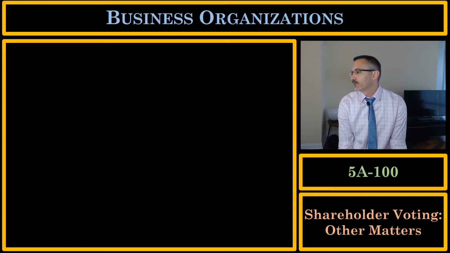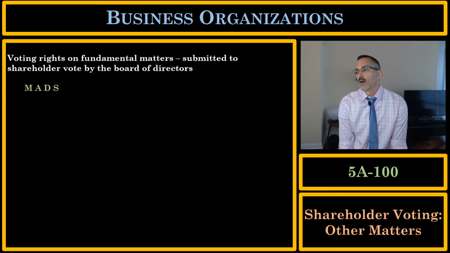All right, let's continue talking about shareholder voting with respect to other matters, matters other than the election and removal of directors. So shareholders only get to vote on fundamental matters. Shareholders do not vote on every business decision that the corporation makes.